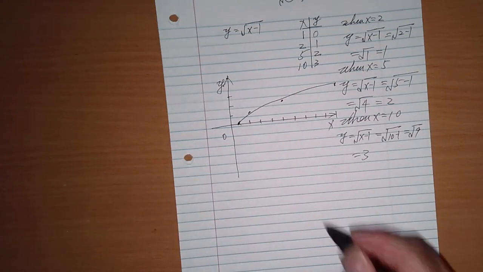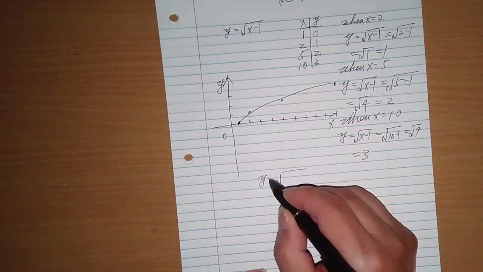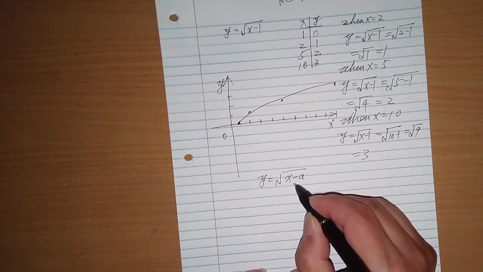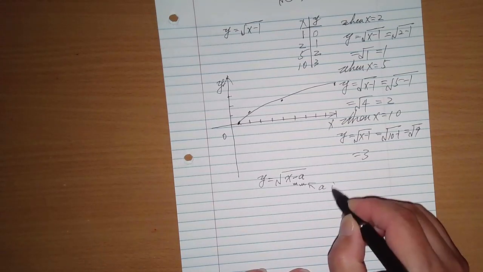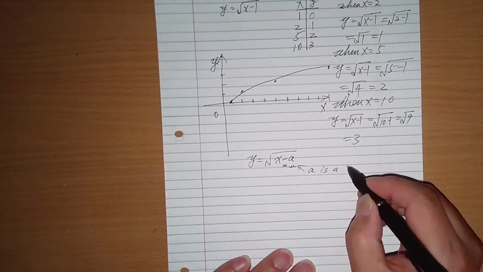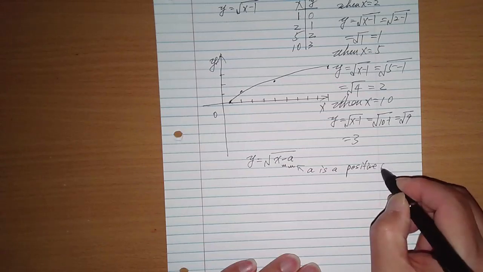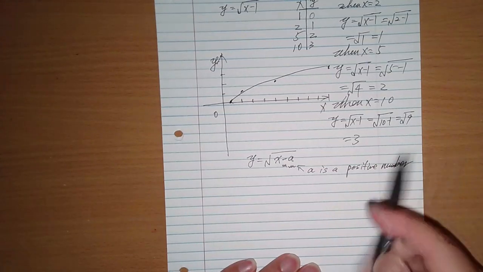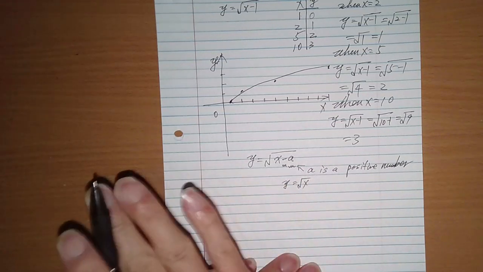In other words, if we have x subtract a, where a is a positive number, that means it is the graph of y equal to the square root of x shifted to the right.